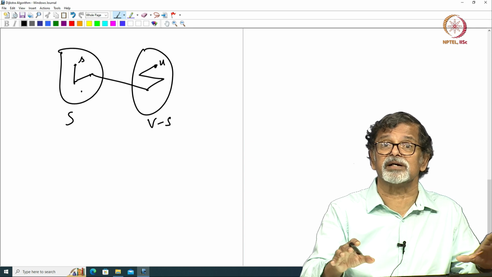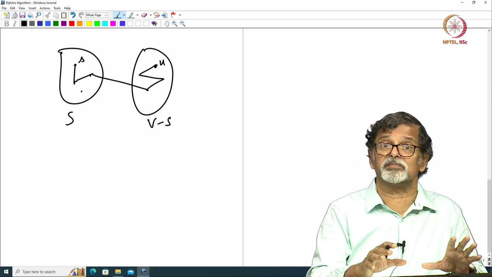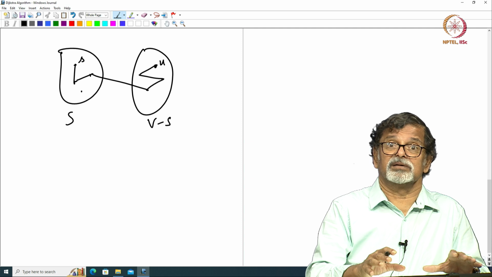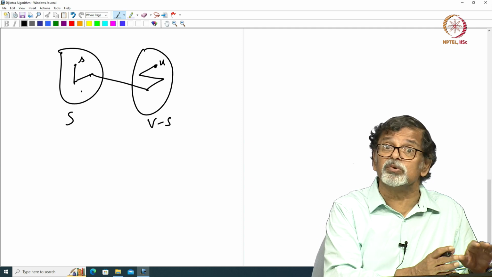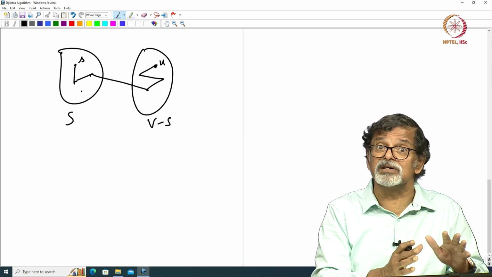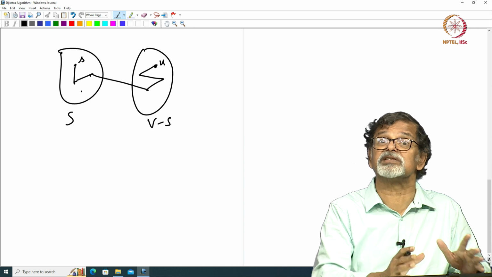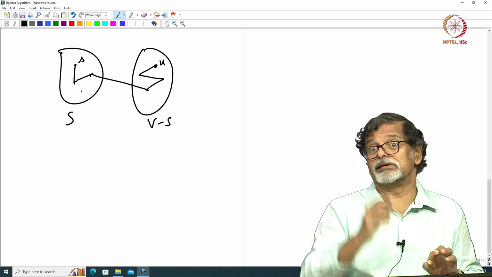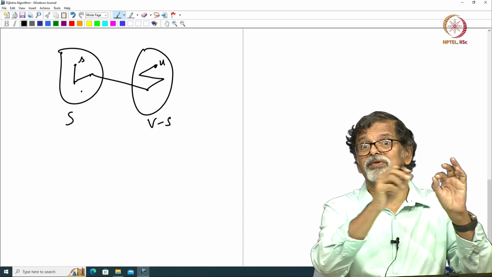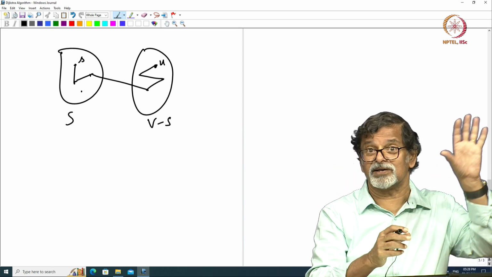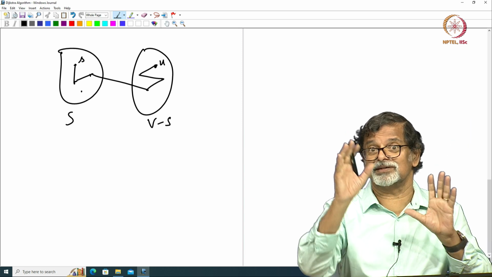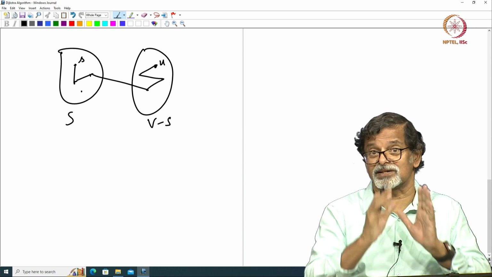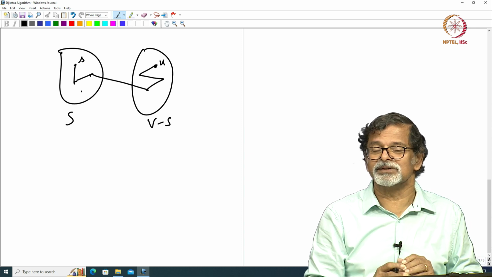It should not be like that. A special path is a path which is passing only through the vertices of S, which means it is passing only through the vertices for which the shortest path weights are known, like the path PV in the shortest path tree. It is one such path, okay, that is what we are aiming to build.